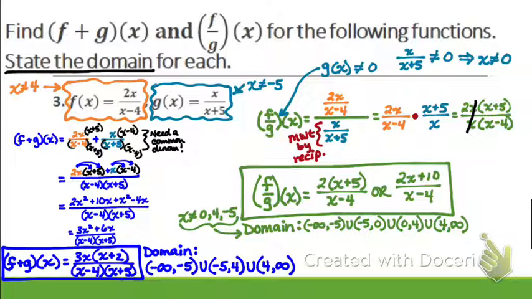What would that look like? So this quotient of functions, if I were to graph 2x plus 10 over x minus 4, it's going to be a rational function. So it would have this basic appearance to it.